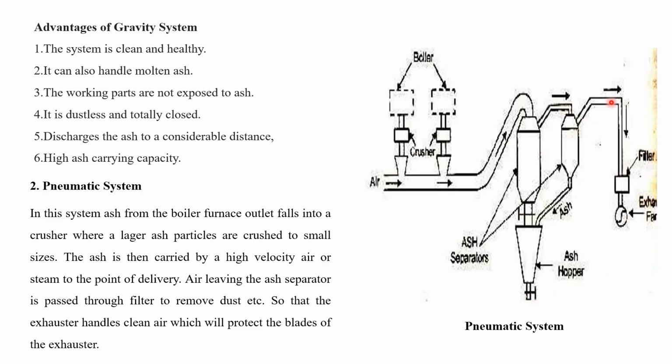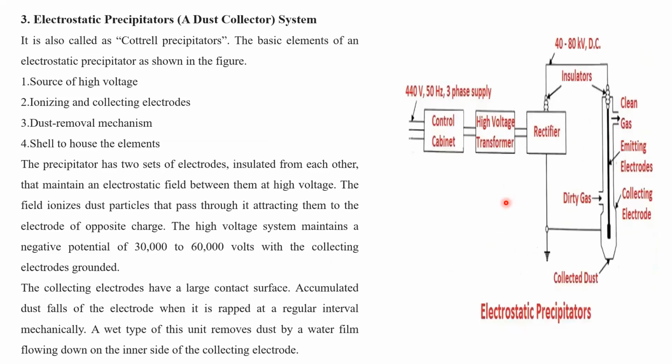While flowing, the air along with some fly ash flows through the filters. These filters remove some of the ash content, and then it goes to the exhauster fans, also called induced draft fans. Then it goes to the chimney. This is about the pneumatic system.